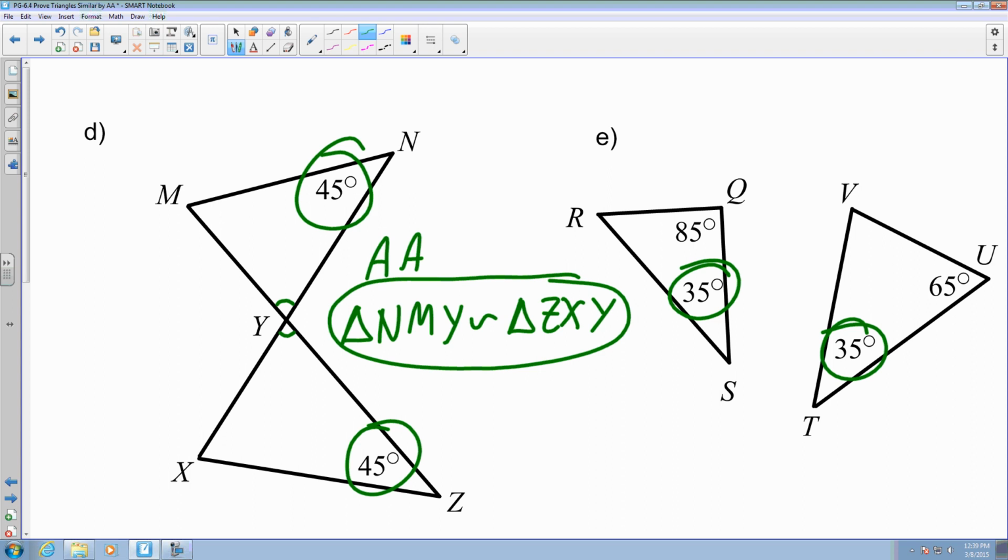I'm looking at the triangle on the right, and it gives me 80 degrees here. Well, we were hoping that that would be 85, which means that only one angle is congruent, not two, and we needed two in order to prove similarity, so these triangles are not similar.